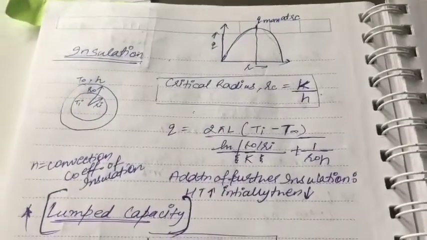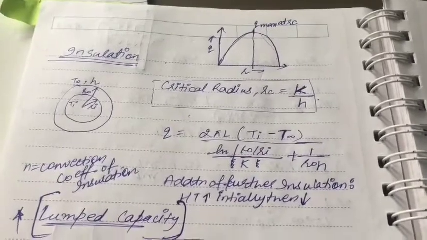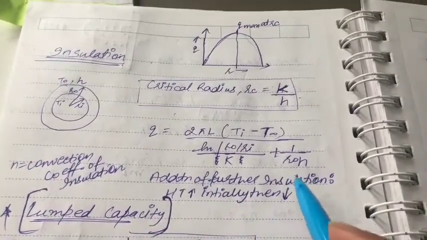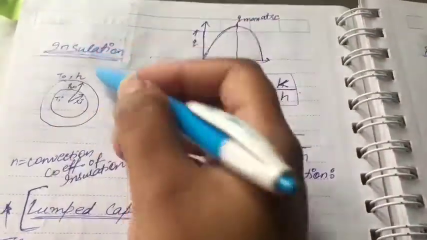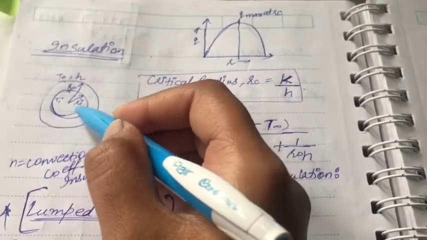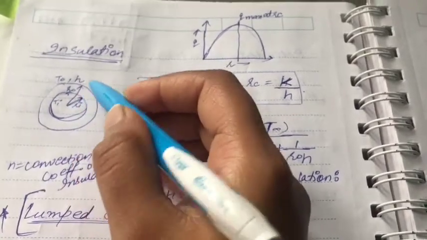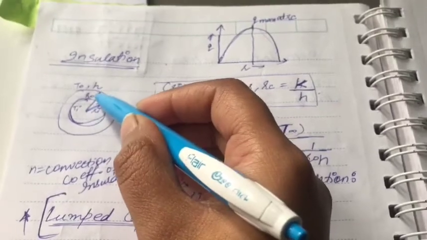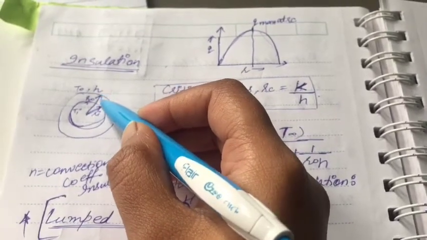Next we have insulation. When a surface is insulated, supposedly a cylinder of radius ri, and insulation is added. Now the increased radius is r0.